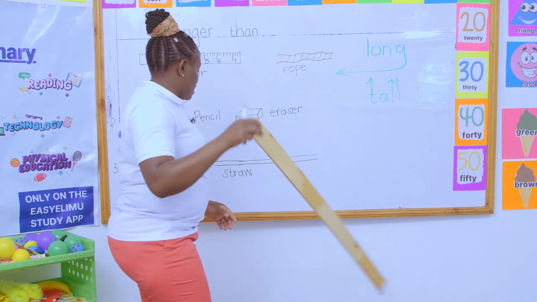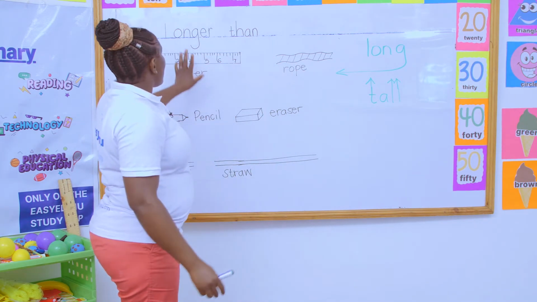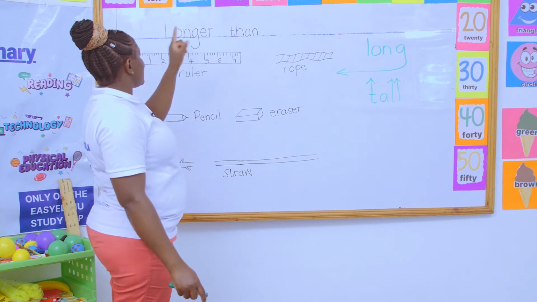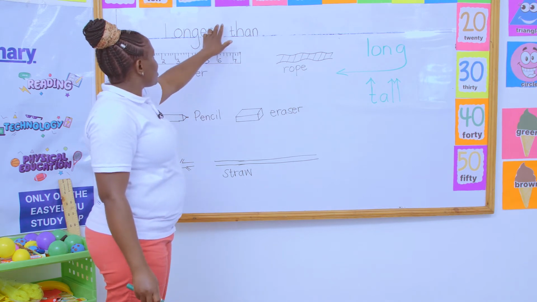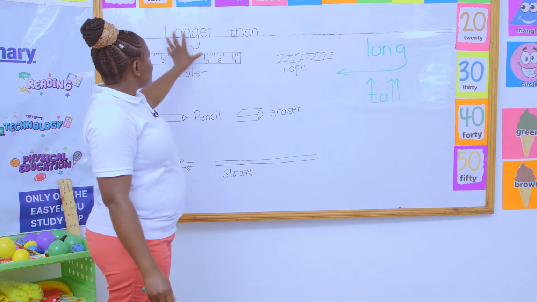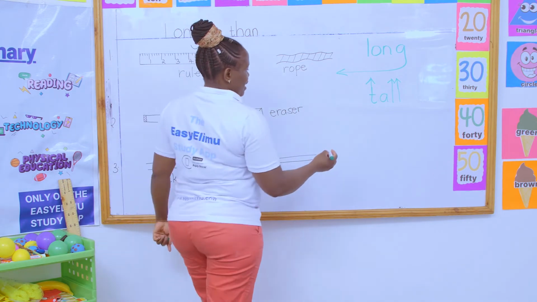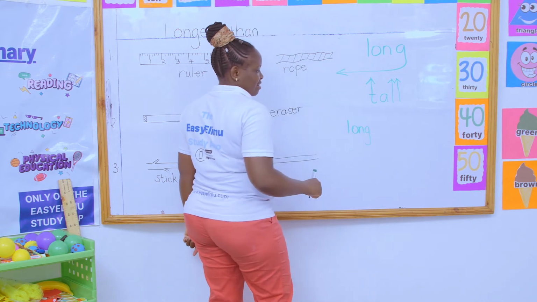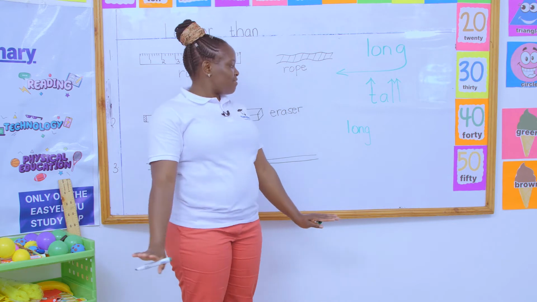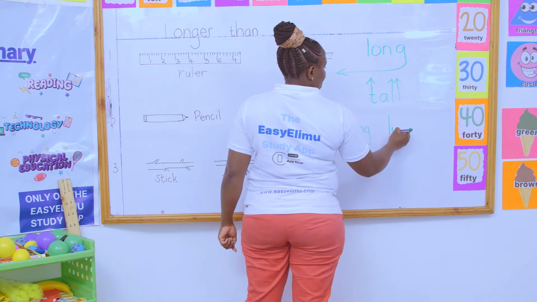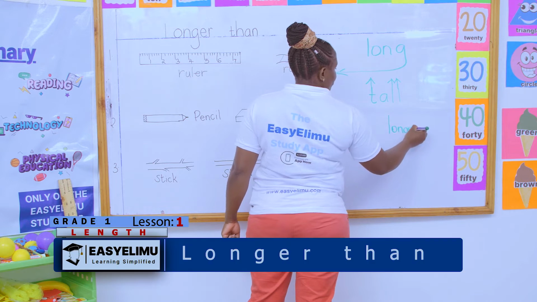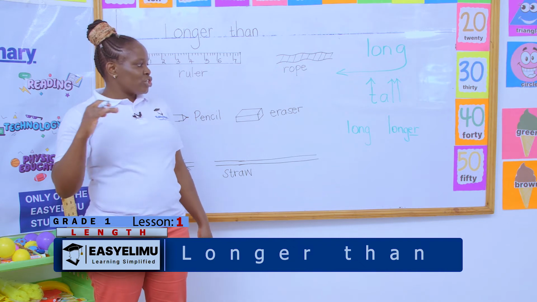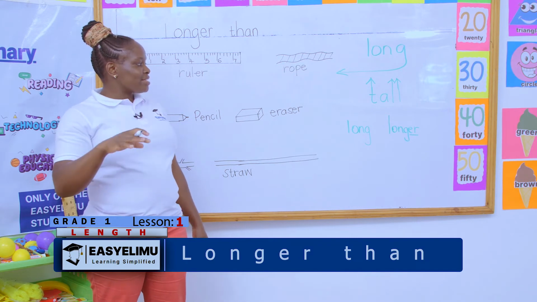So when you talk about longer than, do you remember when we were referring to more than? These are more than and these are less than. What did we say about the words that end with an ER? These words in English have a specific name. And we talk about long when I'm only referring to the first one. But when I reach the second one, where I'm now comparing two things, when you see the word with an ER, longer, shorter, smaller, it refers to two things.